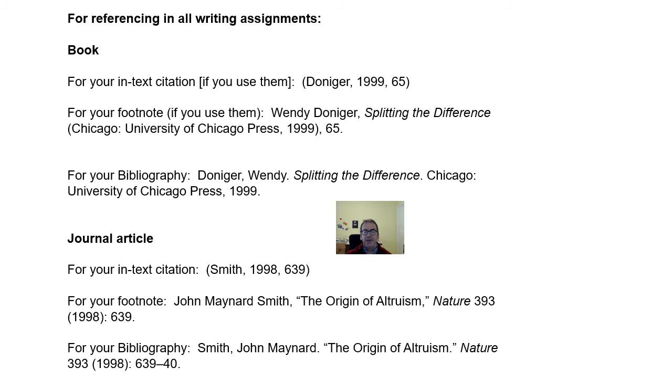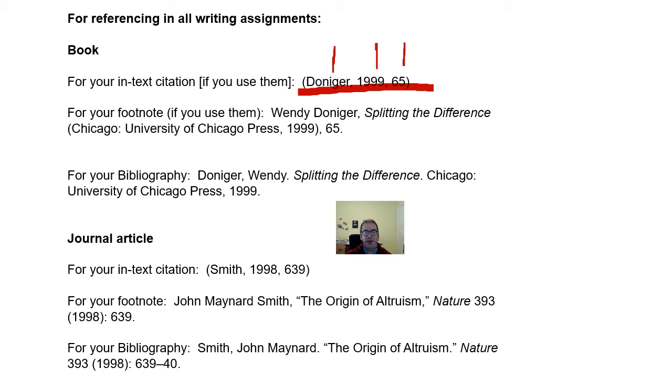And then finally, and I'll be going through this in a little more detail later, but you will be referencing all of your sources in your assignments. What I'd really like you to do is use the Chicago, something called in-text citation. So what you'll see here is the author, the year, and then the specific page number.